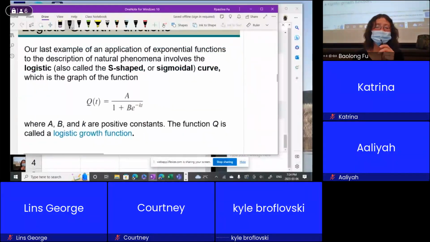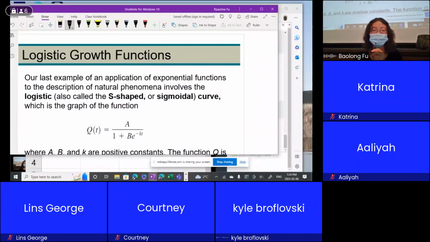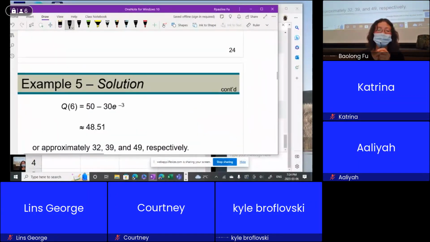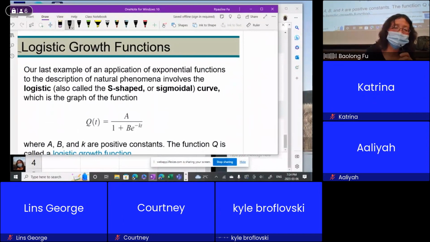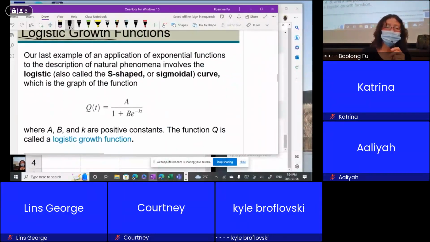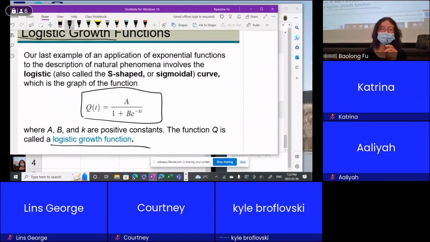We use Excel. So far we did the learning curve. Next, another important function is the logistic growth. If a function is like this, we call it the logistic growth function, also called the logistic function.